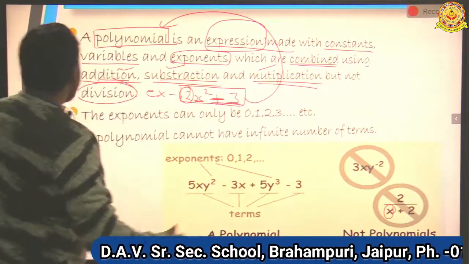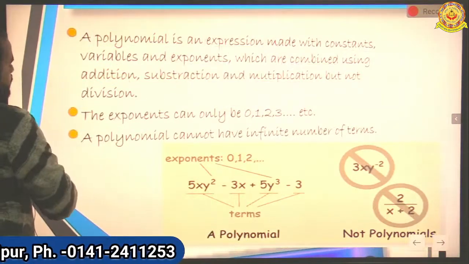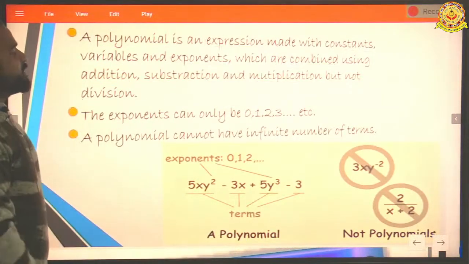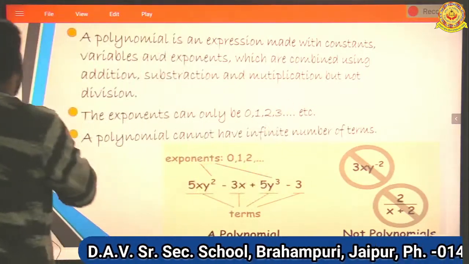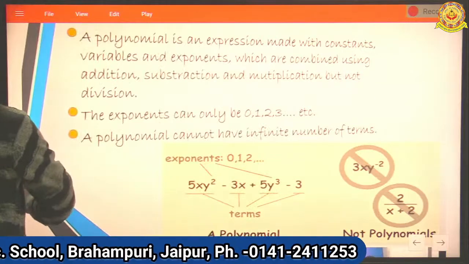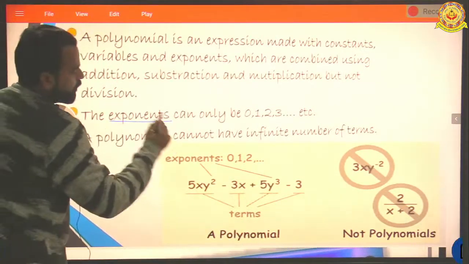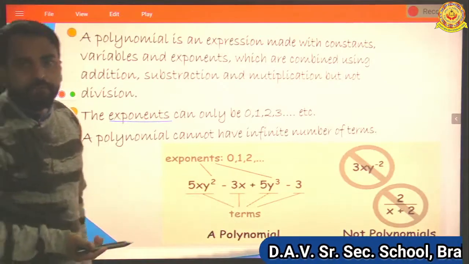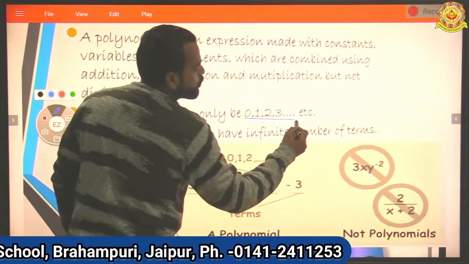Alright, now next, the exponents can only be 0, 1, 2, 3 and so on. What is the meaning of that? We all know that the exponent is the power, right? So the exponent can only be 0, 1, 2, 3 and so on.